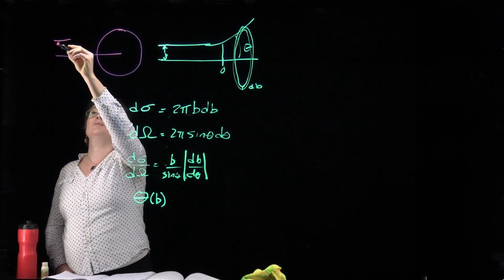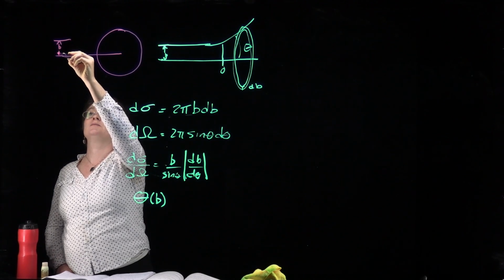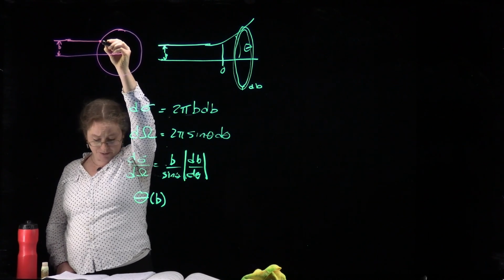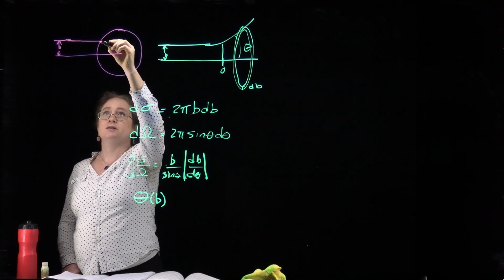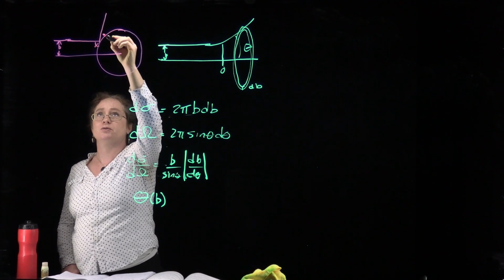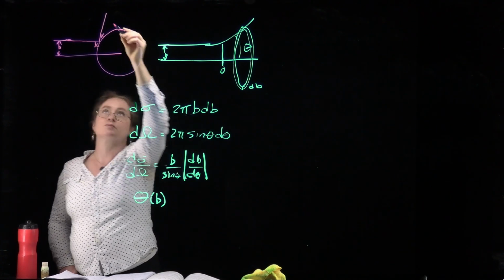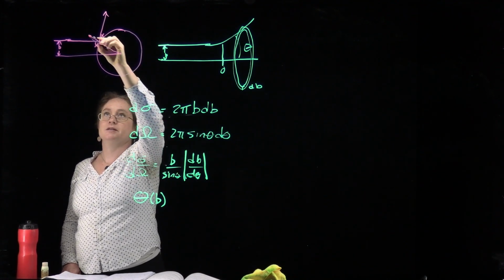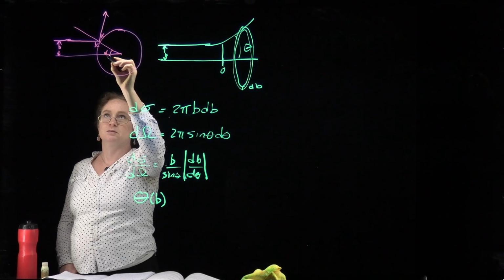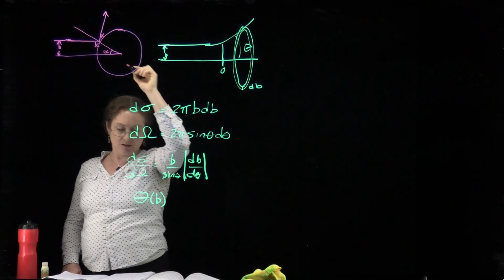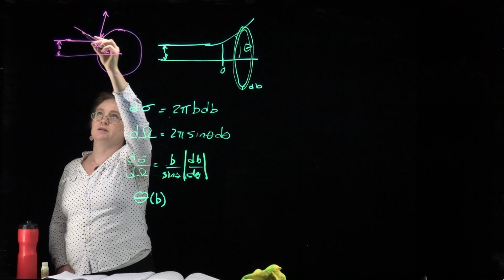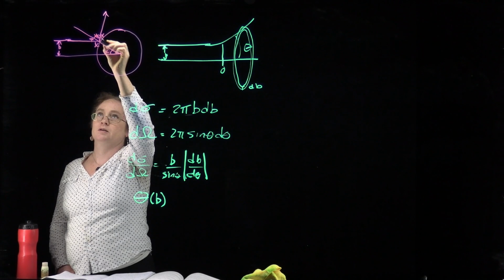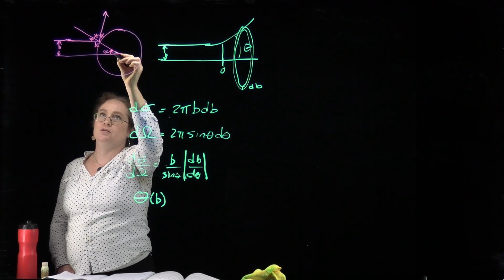It comes in with some impact parameter b. And if I have hard sphere scattering, the angle of incidence is equal to the angle of reflection. So these two angles are equal. If this is alpha, then this exactly splits those two up, and these are all alpha.